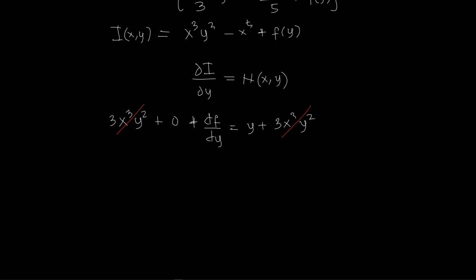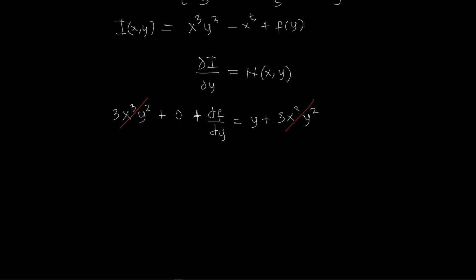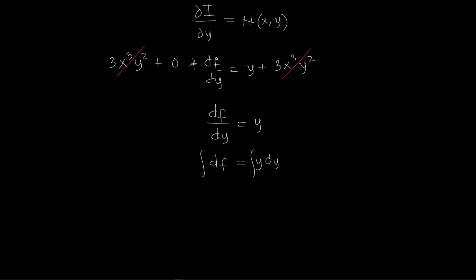Okay na? Next is simplify na to. We have d of f over d of y is equal to y na lang. Then, variable separable na siya. We have d of f is equal to y dy. Integrating both sides, we can say that f is equal to y squared over 2 plus c.